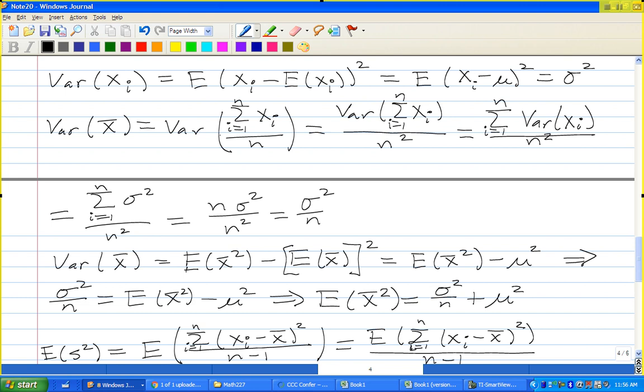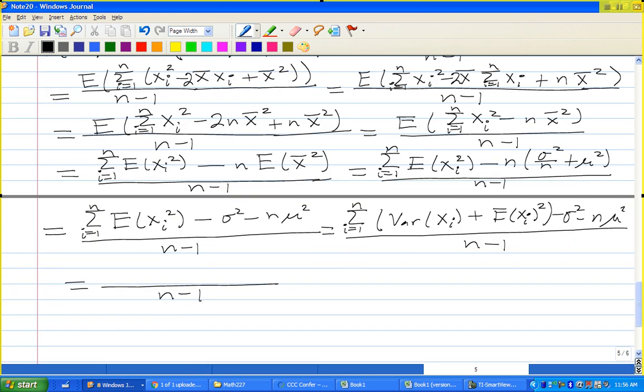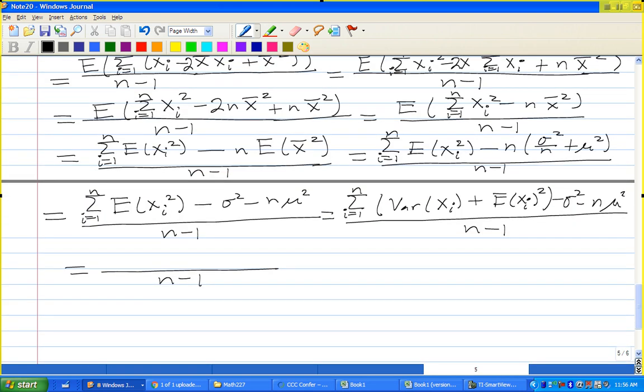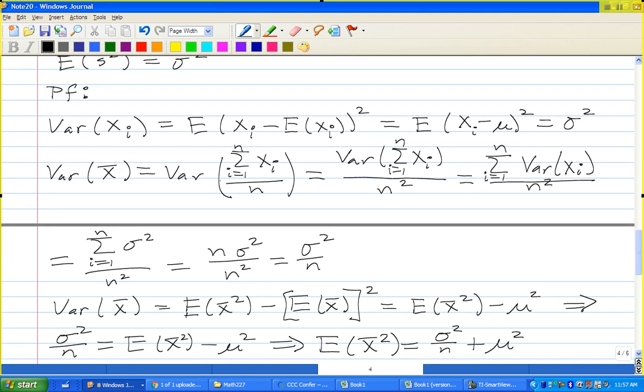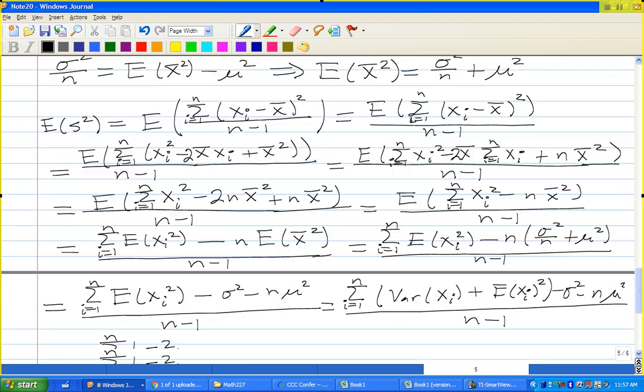The variance of x_i is sigma squared, so this is the sum i equals 1 to n of sigma squared plus, well, the expected value of x_i, well, we already found that also. We found it above in the previous proof.